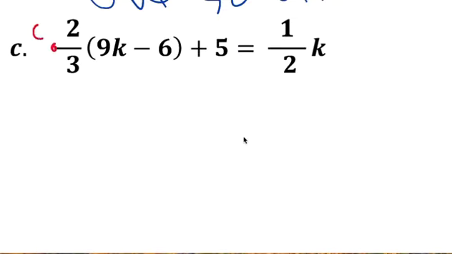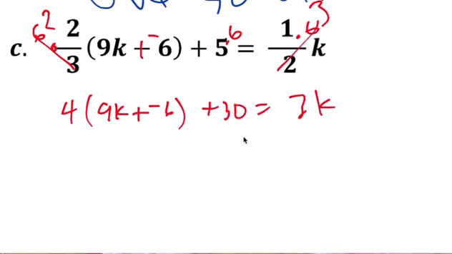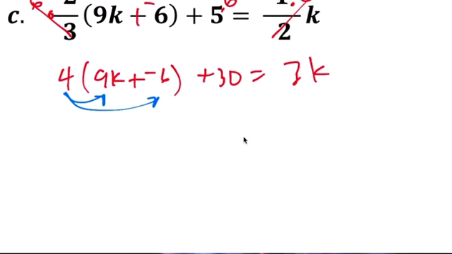Times it all by 6. That's the lowest common denominator. 3 into 6 is 2 times, 4. 9k plus a negative 6 plus 30. Distribute. Add like terms.